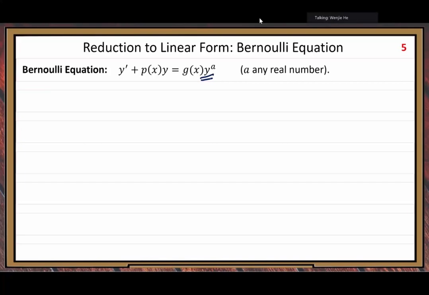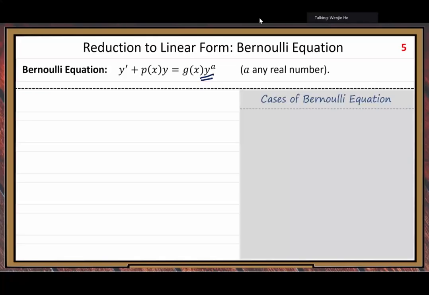There is a small technique. Cases of Bernoulli equation: where A is 0, it is a non-homogeneous linear form, and we know how to solve it. We have the formula.